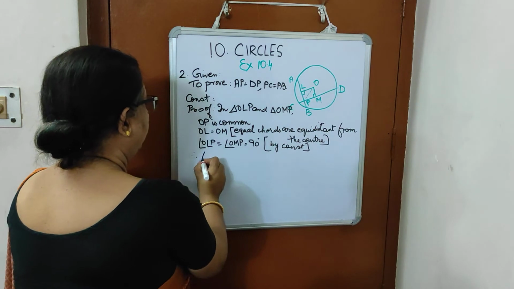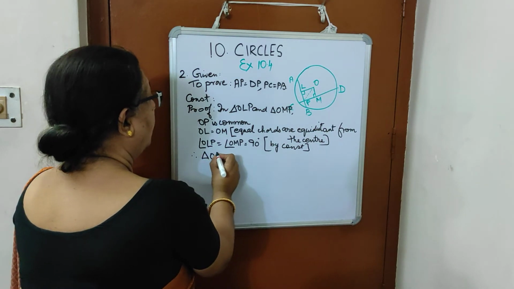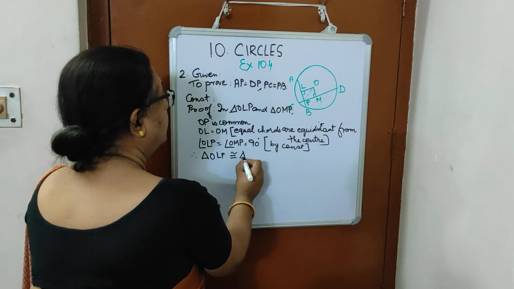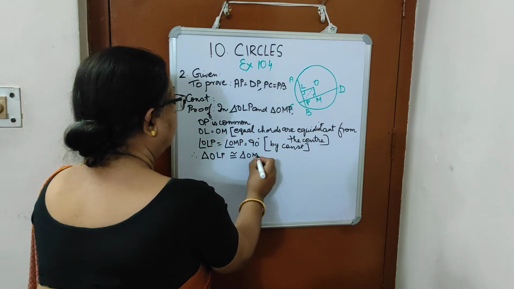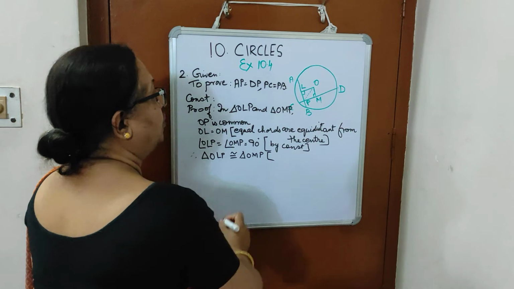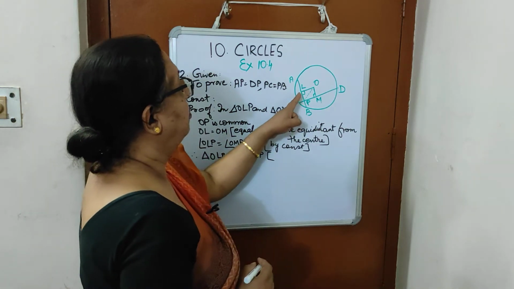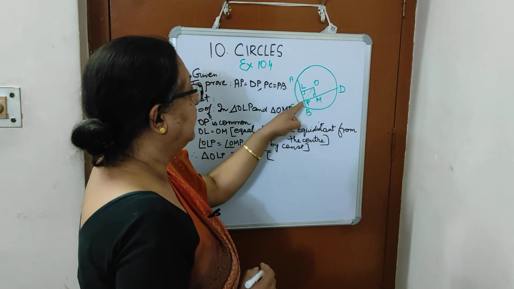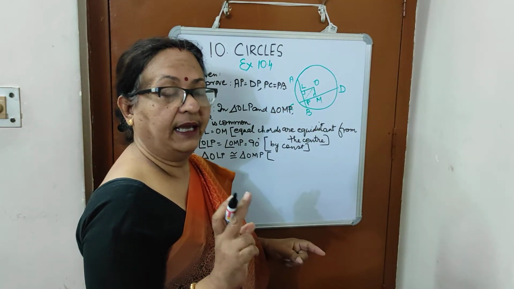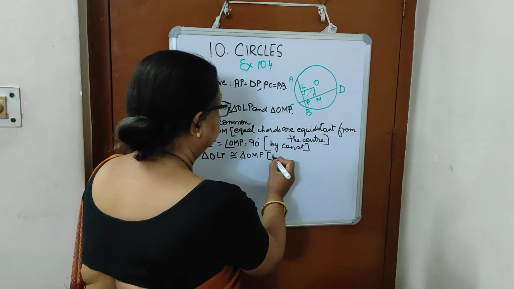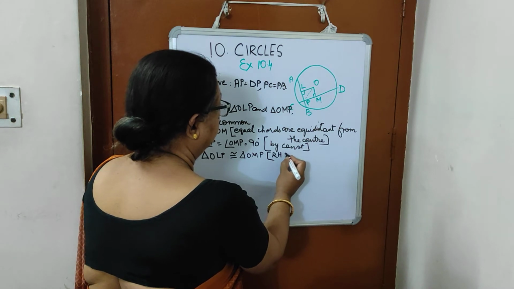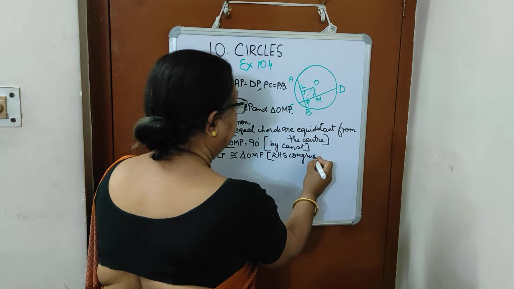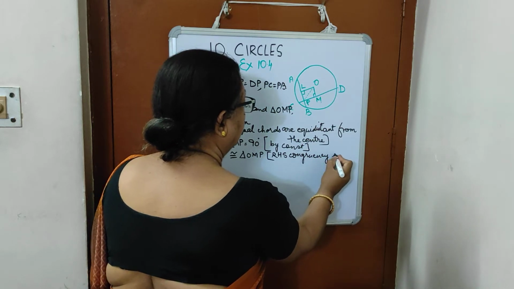So therefore triangle OLP is congruent to triangle OMP. Which rule? We have one angle and this one side and this one side. This is RHS congruency rule.